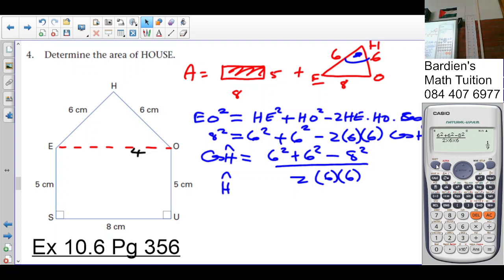Because that ratio is not negative. So angle H is 83.62 degrees.